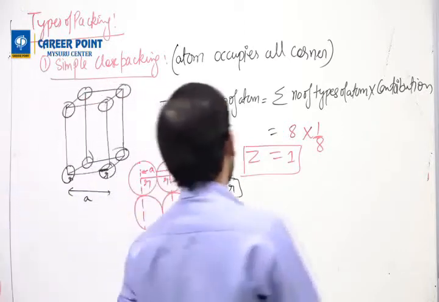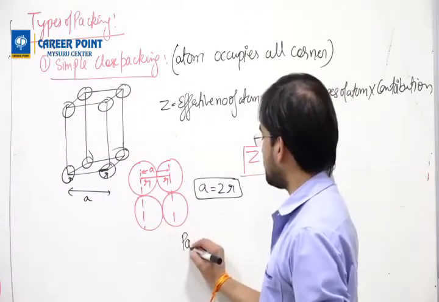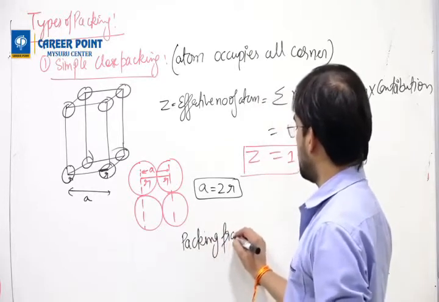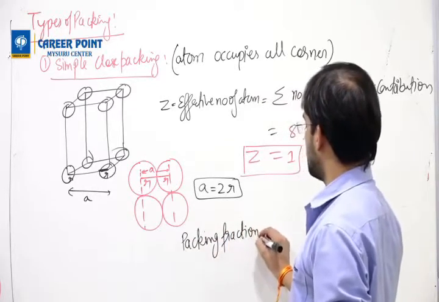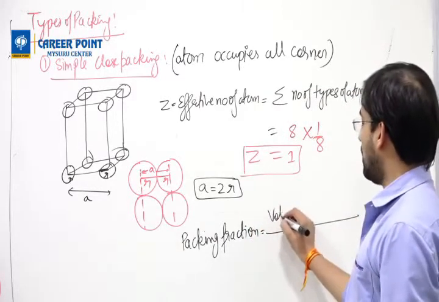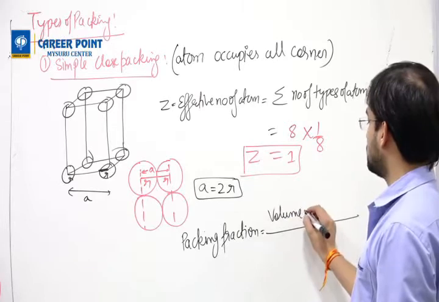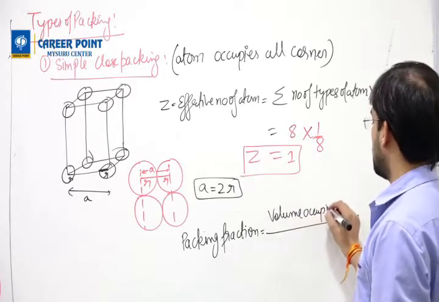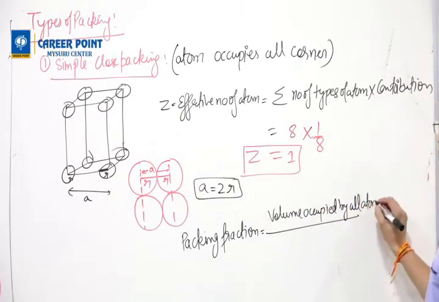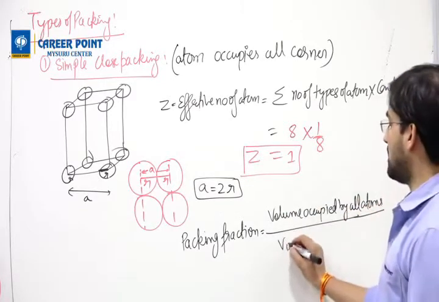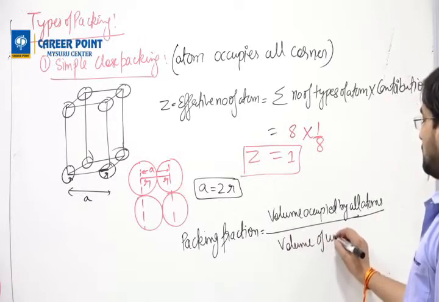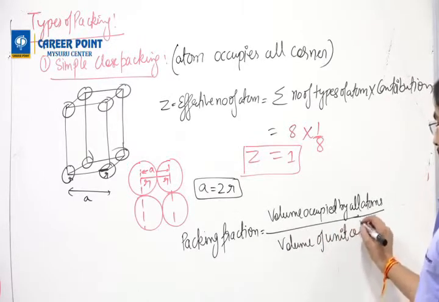The next thing we need to find is the packing fraction. Packing fraction is calculated as volume occupied by all atoms divided by volume of unit cell.